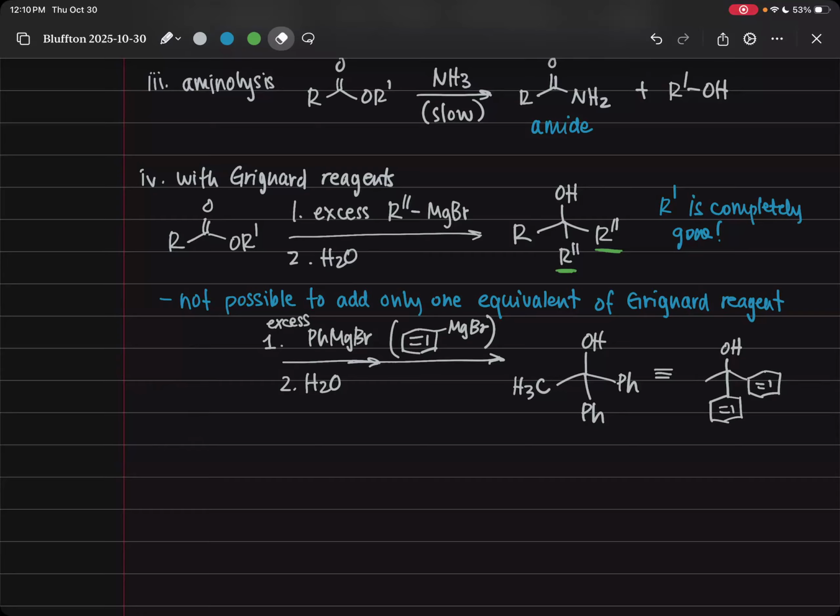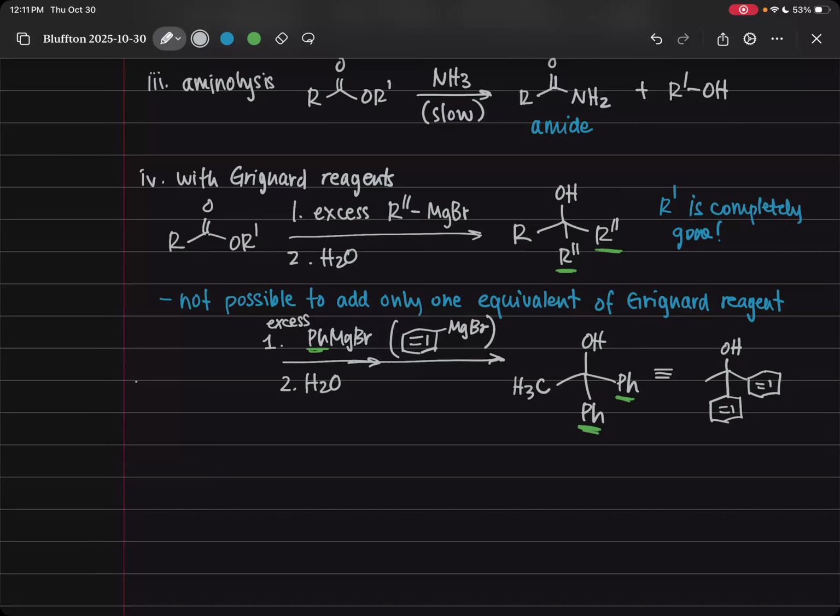Now there's actually an infinite number of answers here, but you'll say, okay, well, if we add two equivalents of this Grignard reagent, which is the phenyl group, that means that we certainly could have come from an ester, because esters will always add two equivalents of Grignard to them. We know what the group on the carbonyl side of the ester is going to be, and that's the CH3, the methyl group right there.